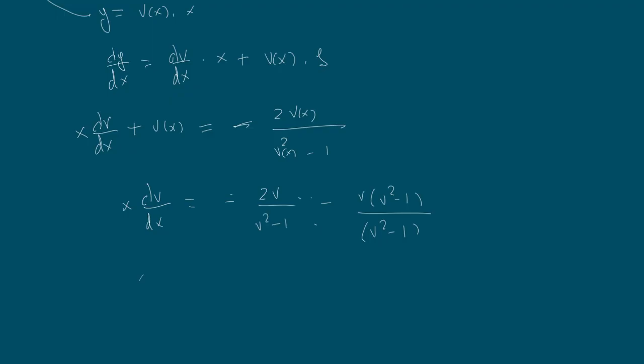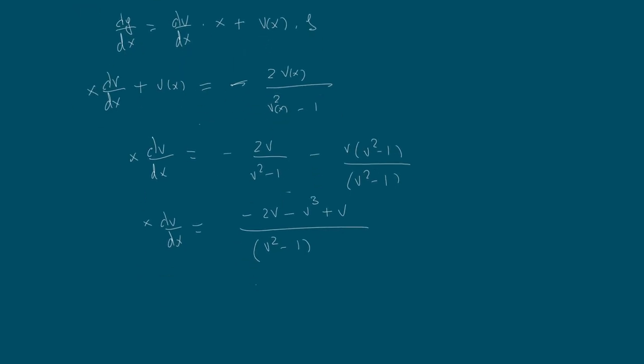So x times the derivative of v with respect to x equals minus 2v minus v cubed plus v, divided by v squared minus 1. And now the numerator will be minus v cubed minus 2v plus v, which is minus v plus v cubed, divided by v squared minus 1.